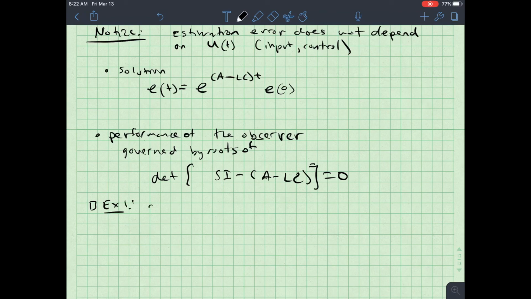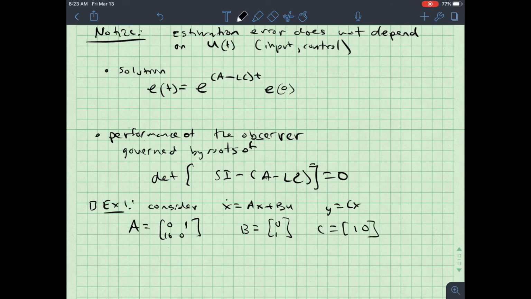So let's consider the following. x dot equals Ax plus Bu, and y equals Cx, where A is 0, 1, 16, 0, and B is equal to 0, 1, and C is equal to 1, 0.